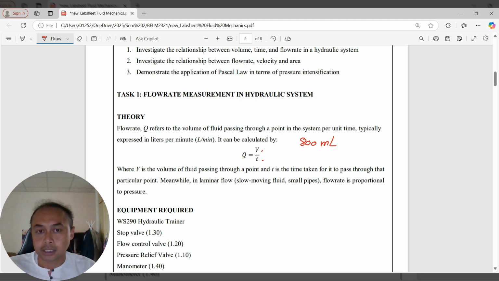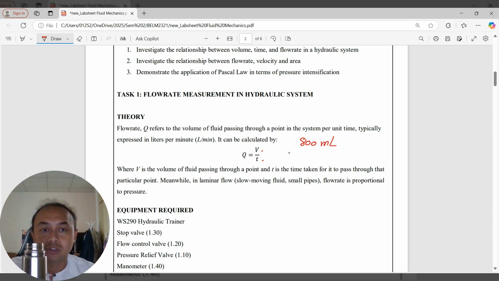If you open your tap water, the amount of time taken for the water to fill this water bottle until it's fully occupied will be recorded. Let's say it takes around 10 seconds for the water to fully fill this bottle.